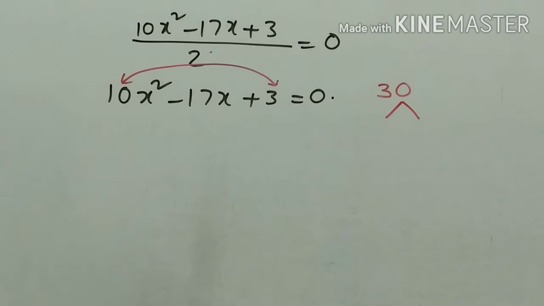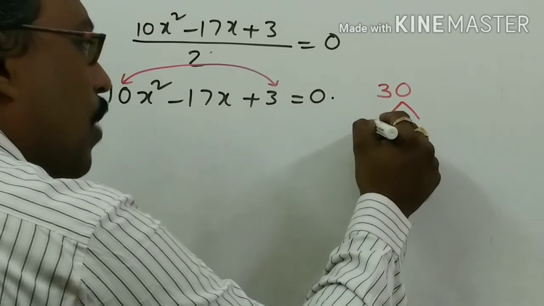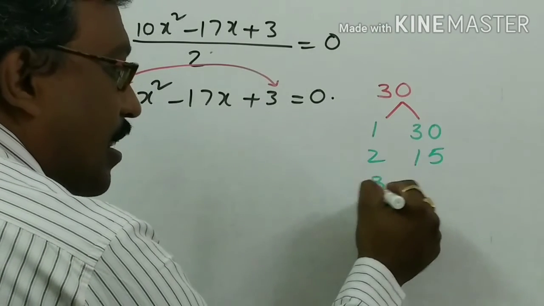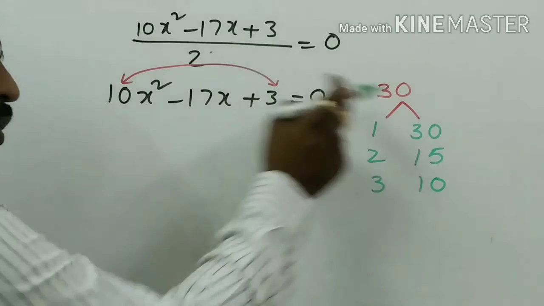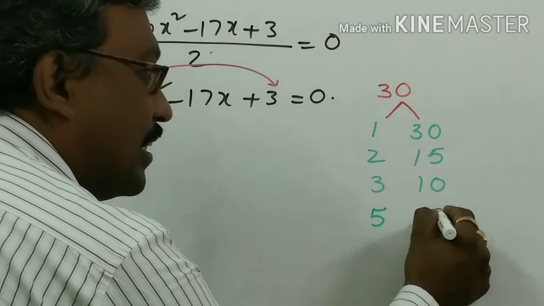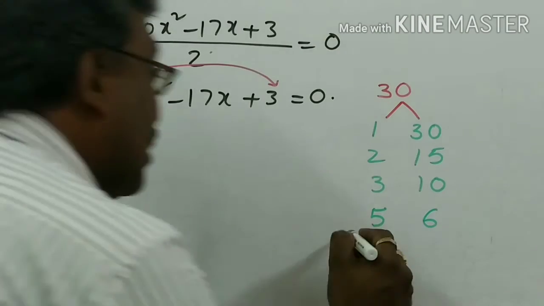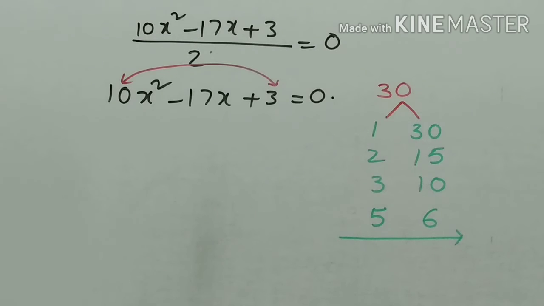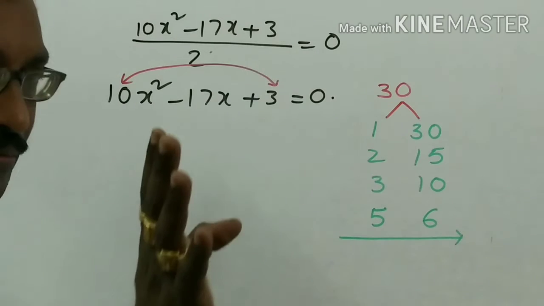Right from the beginning, 1 30s are 30, 2 15s are 30, 3 10s are 30. 4 is not possible. 5 6s are 30, and it will stop, because after 5 6 will come. Whenever you get consecutive numbers, or numbers differing by 2 or 3, it will stop there. So the factors of 30 are 1, 2, 3 and 4.